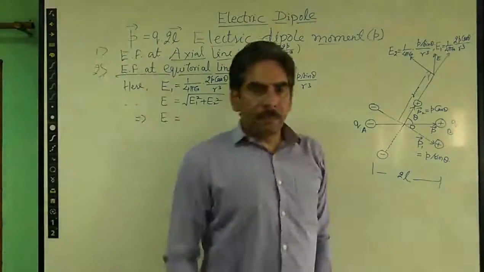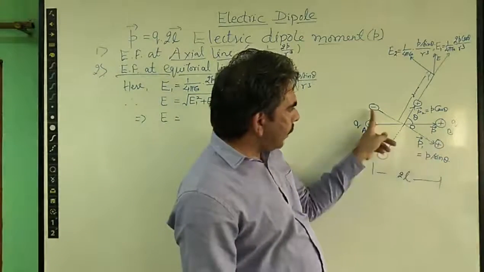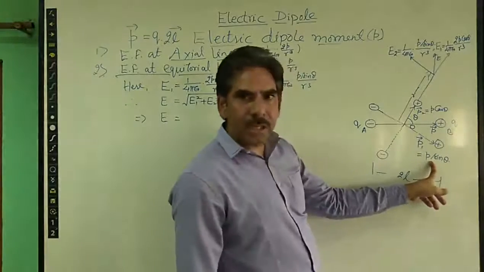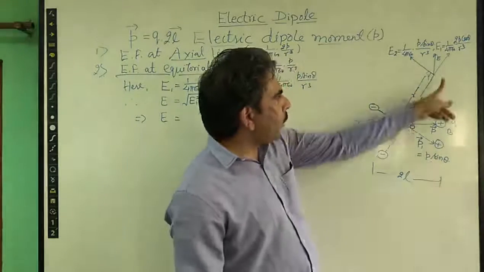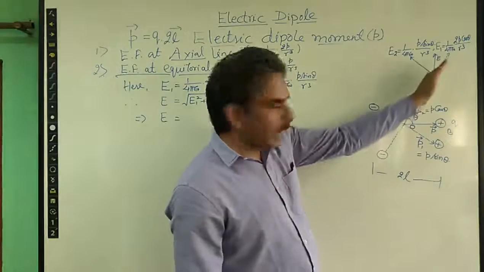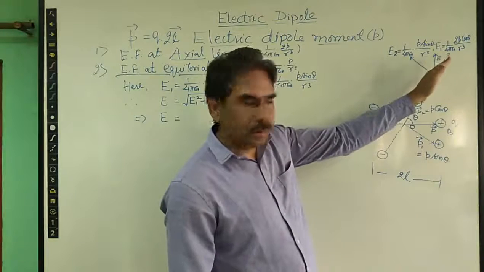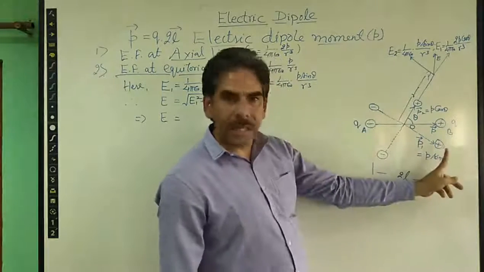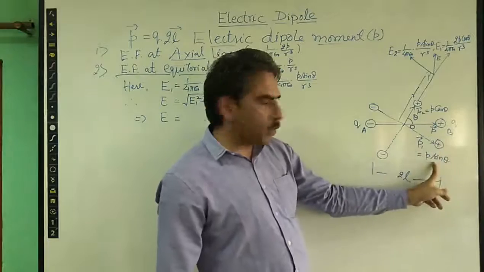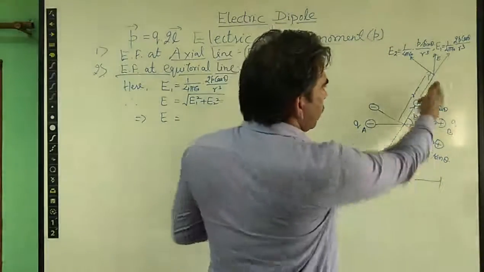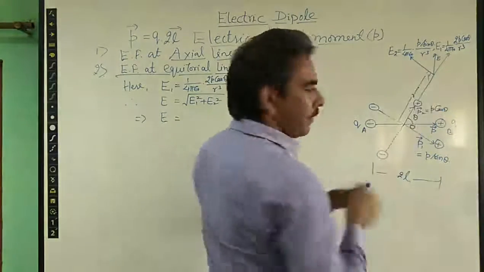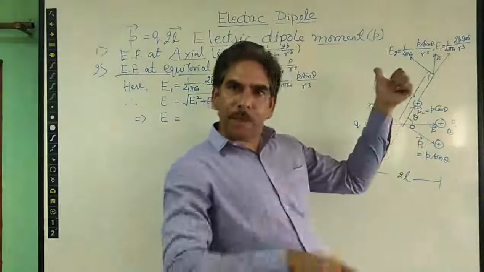Similarly, for the second component of the dipole, P sin theta, the point P is on its equatorial line. The electric field in this case, as we have discussed, is opposite to the dipole moment.